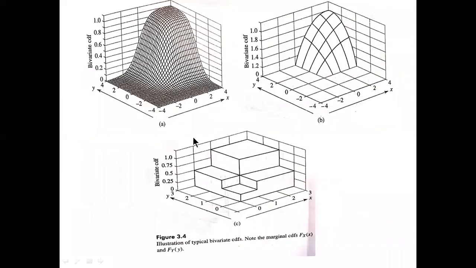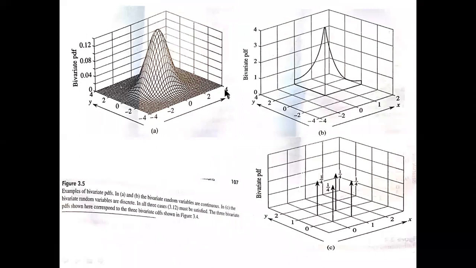So these are the figures which correspond to the PDFs over there, right? So this is totally discrete. This is the continuous case. So this gives you the continuous case of the PDF, and this gives you the discrete case of the PDF, only at fixed points.